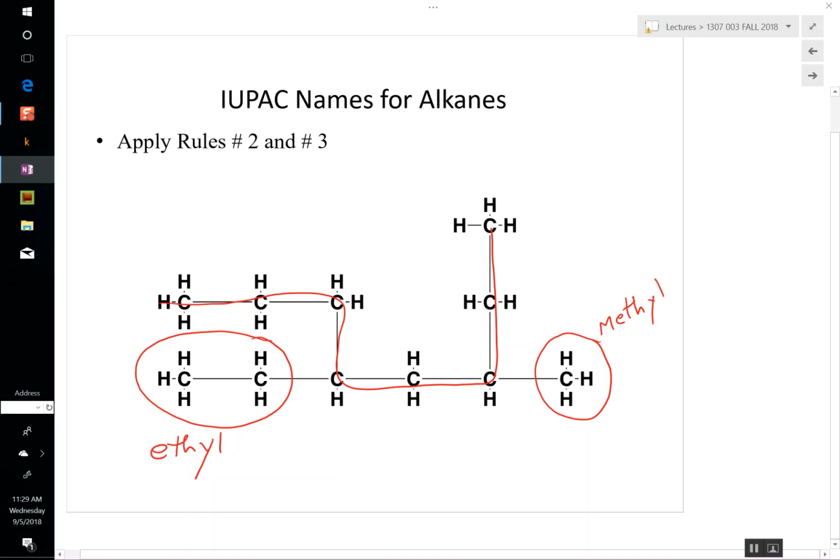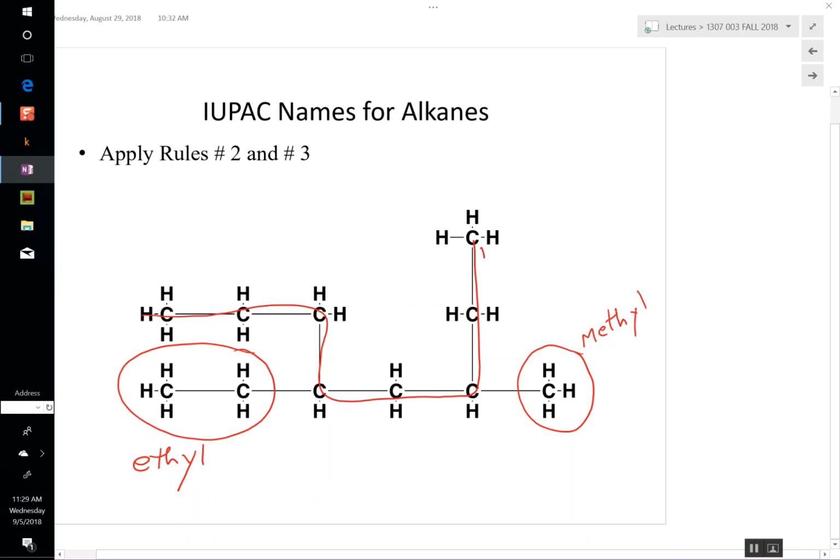All right, now, where is carbon number 1? Which one of these is closest to one of these ends? Here's an end, and there's an end. The one at the top? Up here. Yes? Because 1, 2, 3, I get to that methyl group. 1, 2, 3, 4, I get to this ethyl group. So I'm getting to that first. So this is carbon number 1.